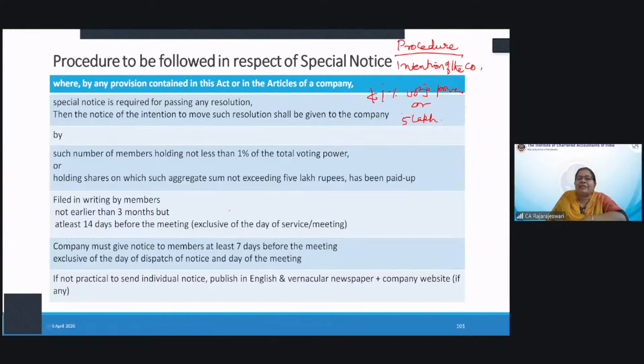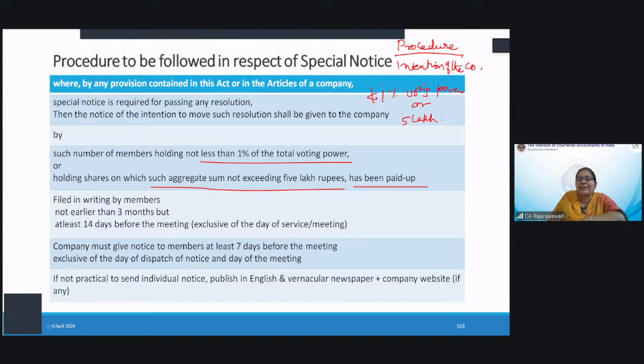Whereby any provision contained in this Act or in the articles of the company, so the AOA or the Act can specify any provision, special notice is required for passing any resolution, then the notice of the intention to move such resolution shall be given to the company by such number of members holding not less than 1% of the total voting power, or holding shares on which such aggregate sum not exceeding 5 lakh rupees has been paid up.